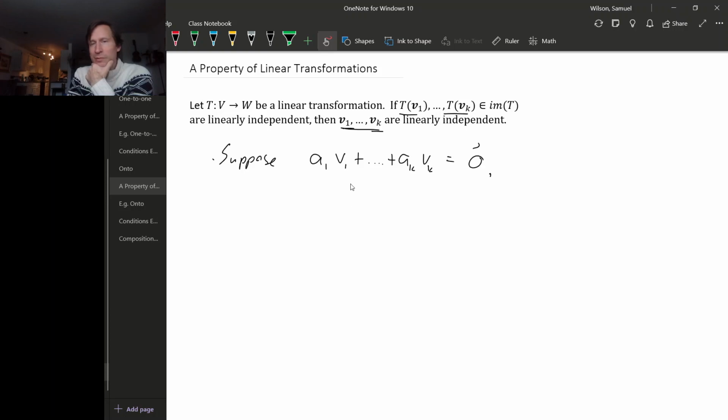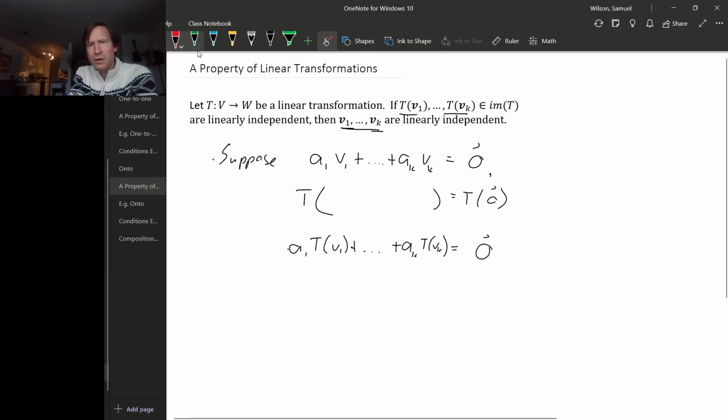Okay. Well, what we can do is hit both sides of this equation with T. On the right-hand side, T of 0 has to be 0. On the left-hand side, we can use the linear transformation property of T. We get a1 T of v1 plus dot dot dot down to ak T of vk.